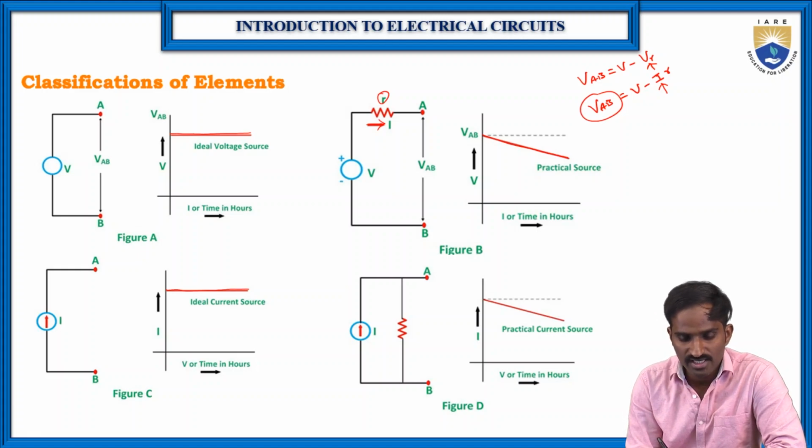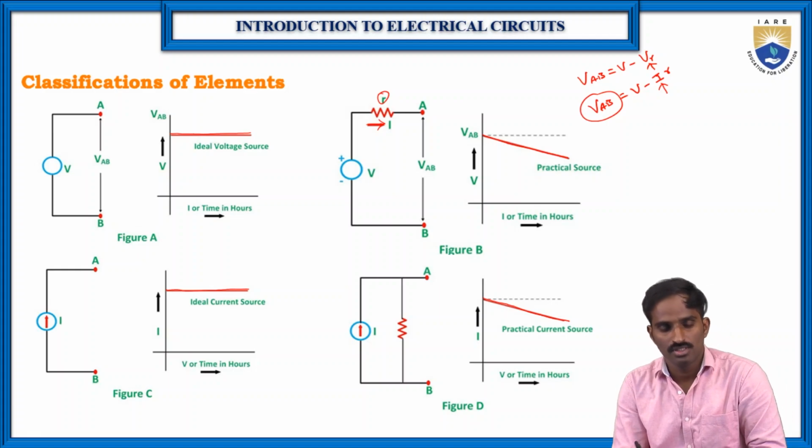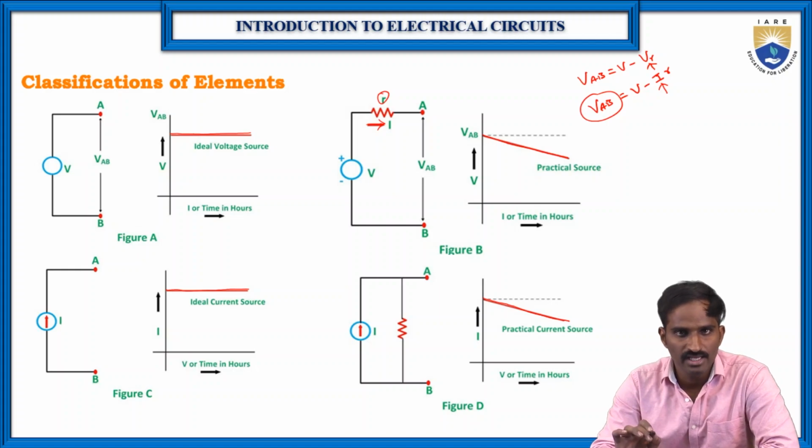Then the current supplied by this current source will depend on the voltage across this resistor. So as you can see, as time increases, the current supplied by this current source is not constant. So this is the difference between the ideal and the practical.